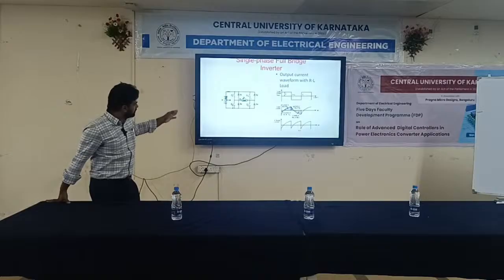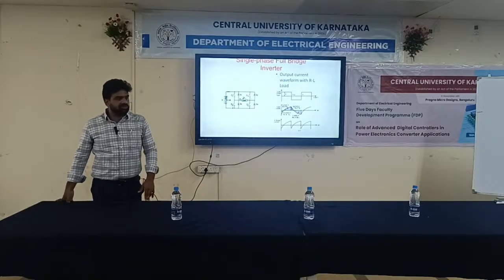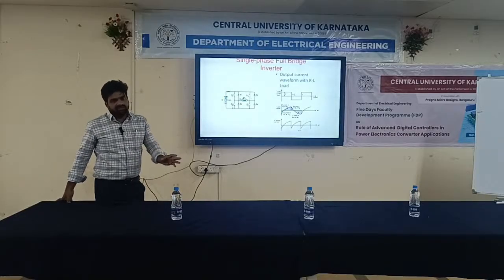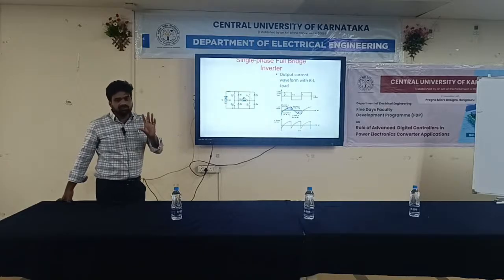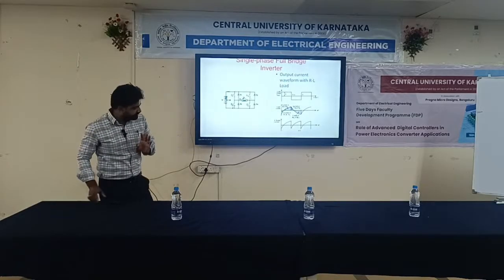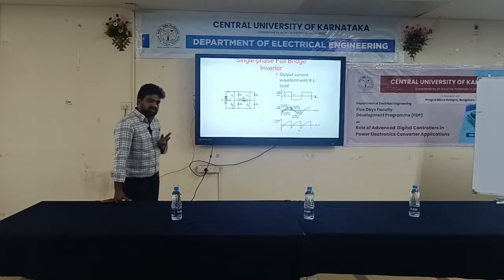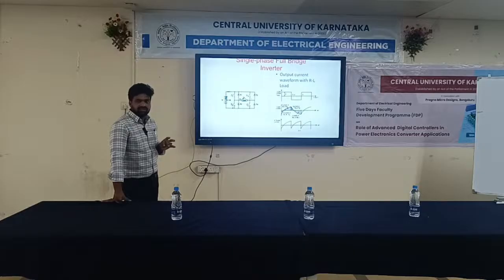So if the switch is able to tolerate 1000 volts of peak inverse voltage, our regular DC or battery voltage is able to get it operated. So the peak inverse voltage is the other factor which decides the design of an inverter or a converter for an application of renewable energy.